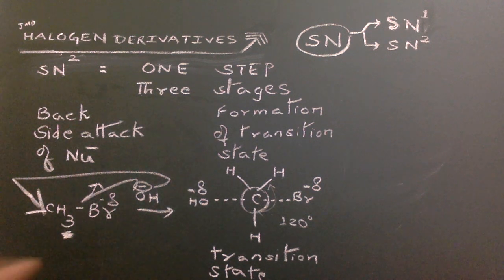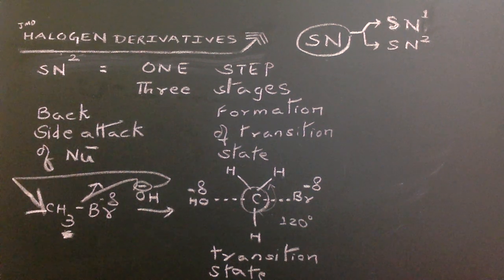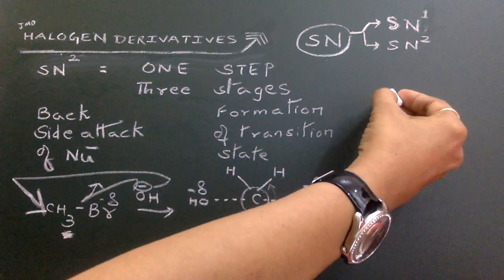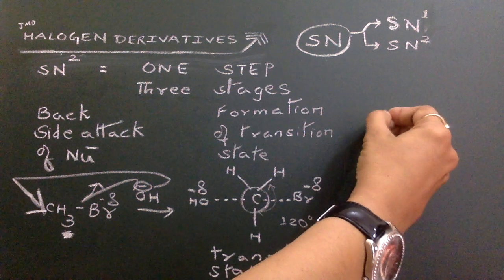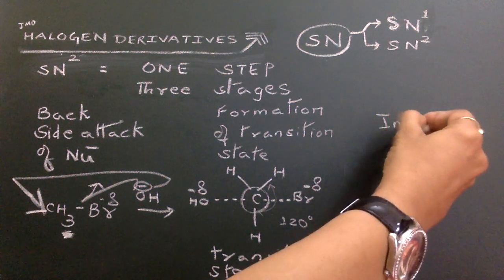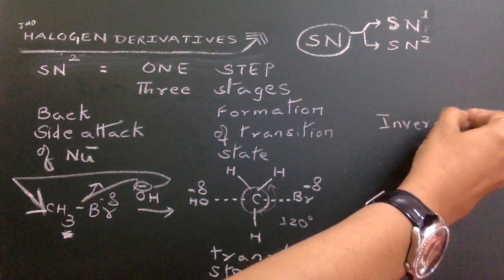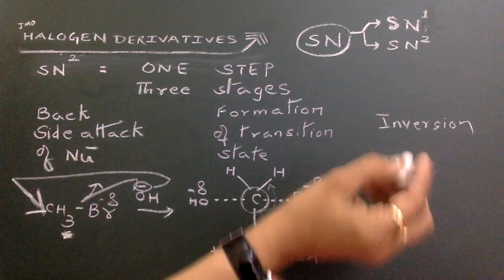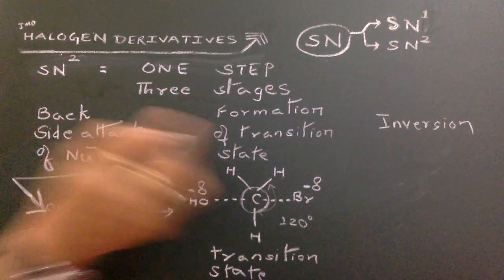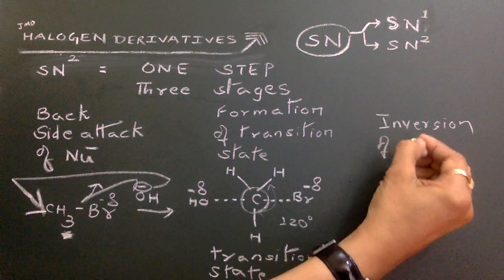And hence, the molecule breaks one of its bonds, which is the C-Br bond, and that is the third stage, which is called inversion of configuration.